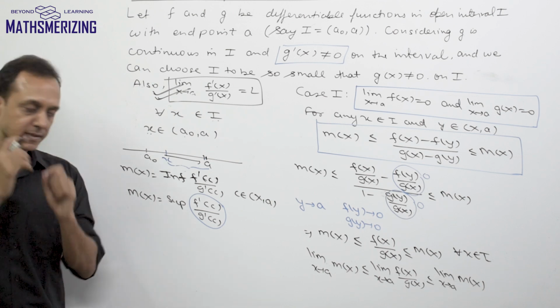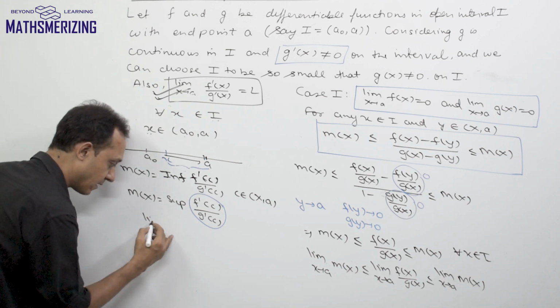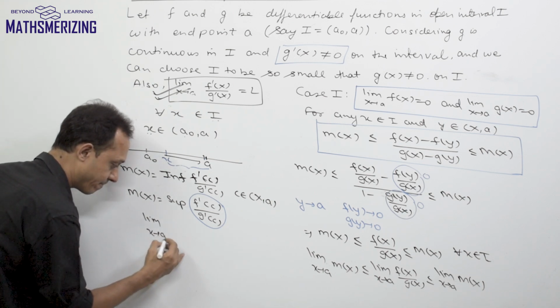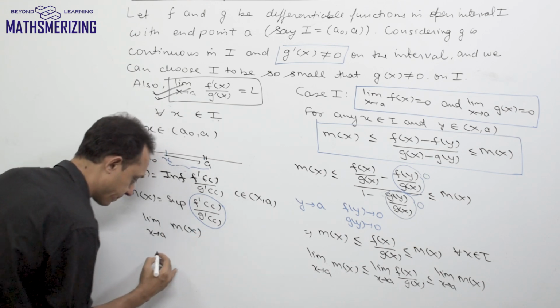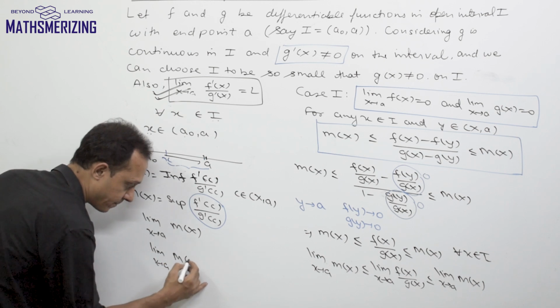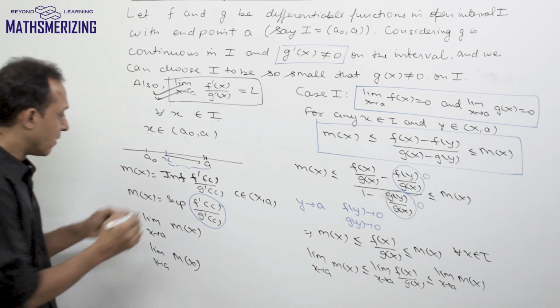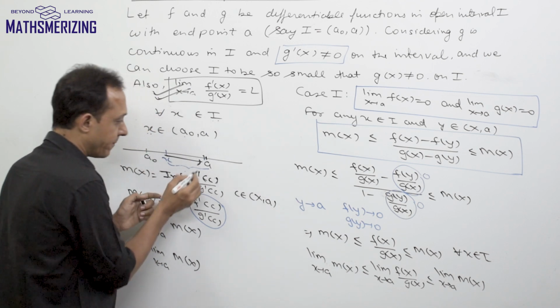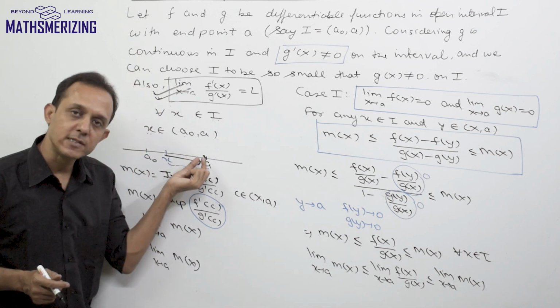So now we'll consider this limit, which is limit x tends to a small m(x) and limit x tends to a capital M(x). Now when this x approaches a, then this interval x comma a is very, very small.